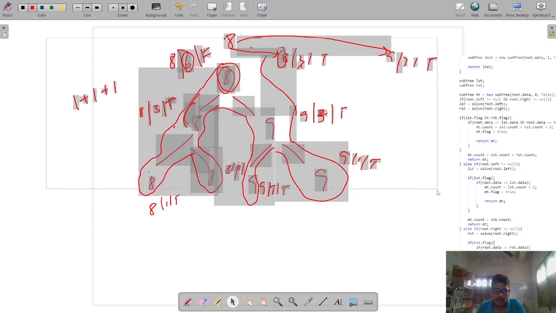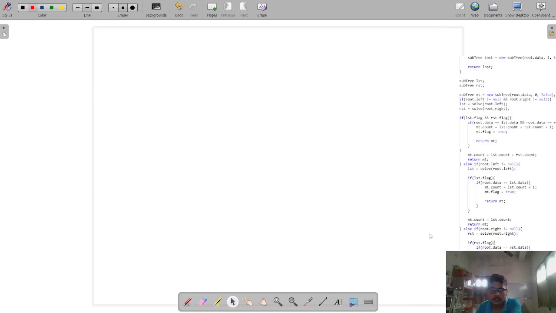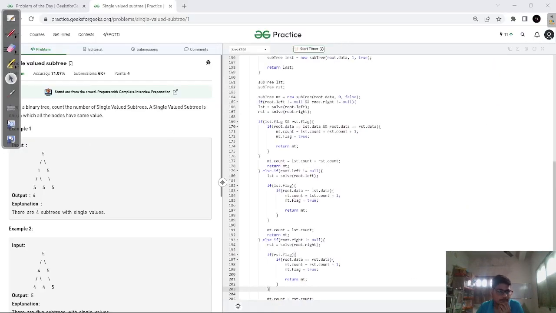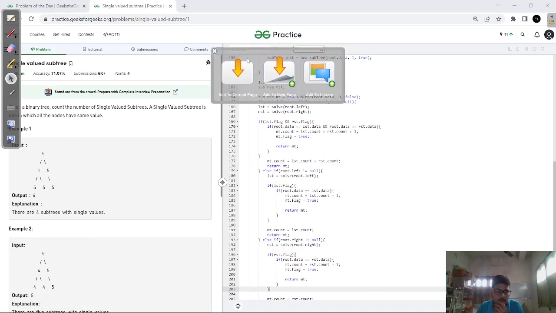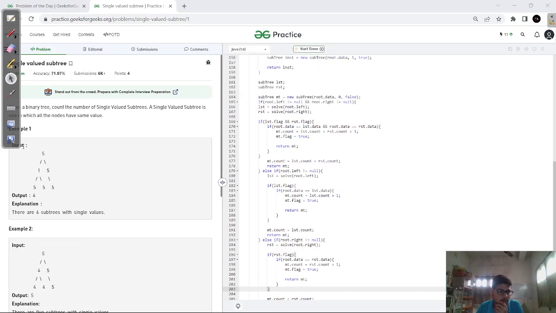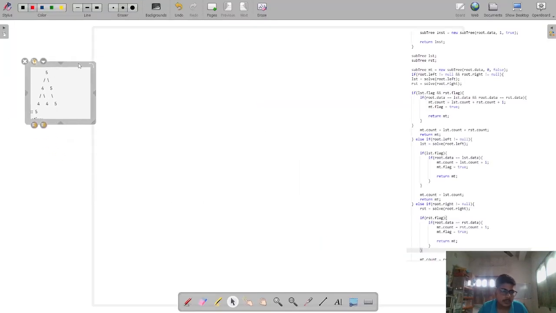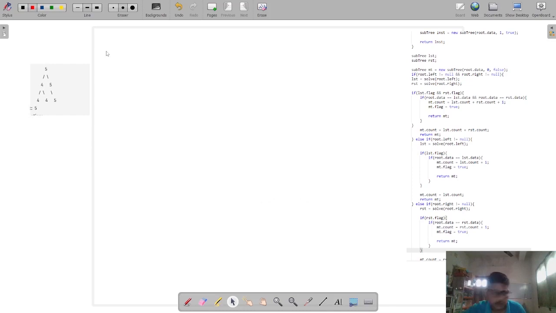Let's take this one and delete this. So I will do the calculation for this example. Okay, with this example. No, this example. And let's calculate the result with our code, how it's calculating actually.